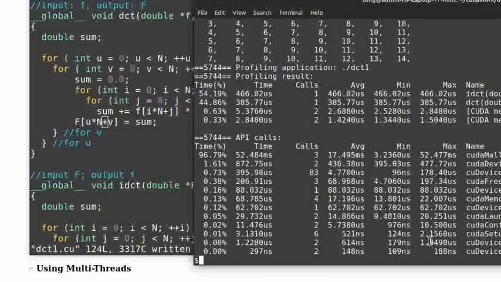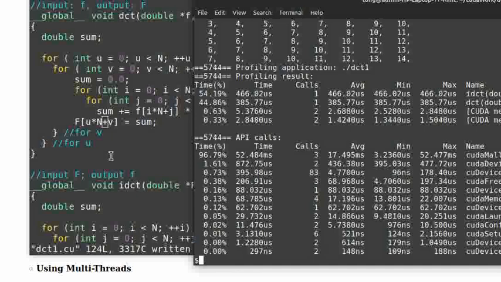There's the IDCT and DCT time consumed. There's about 466 microseconds. This is 385. So about the same.